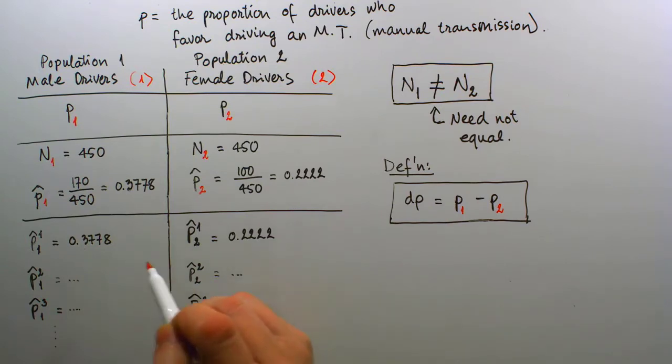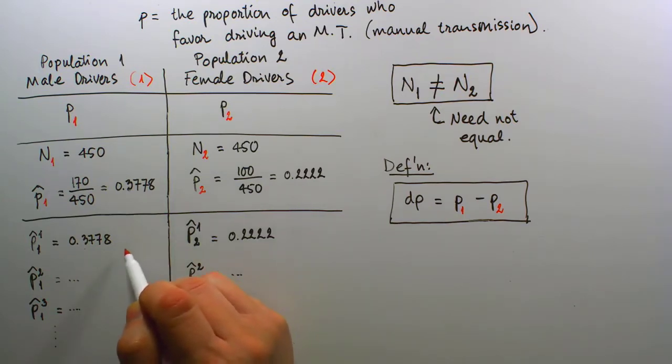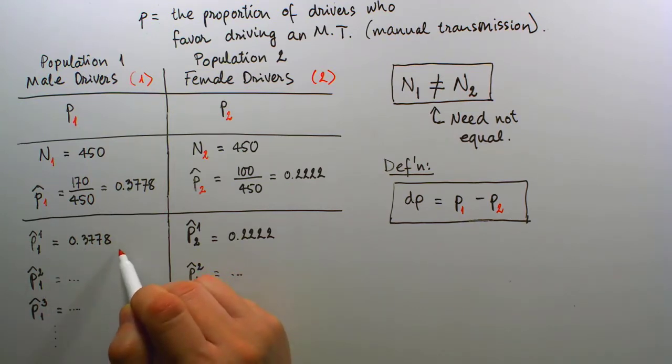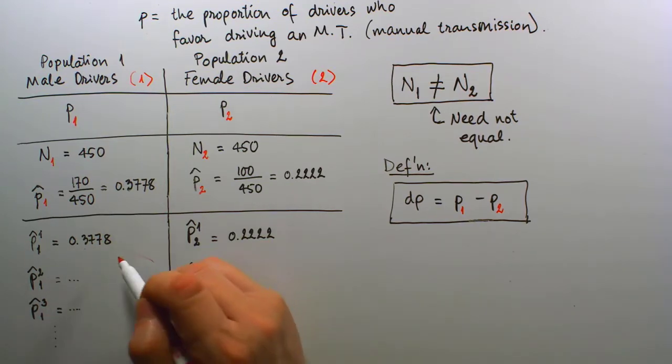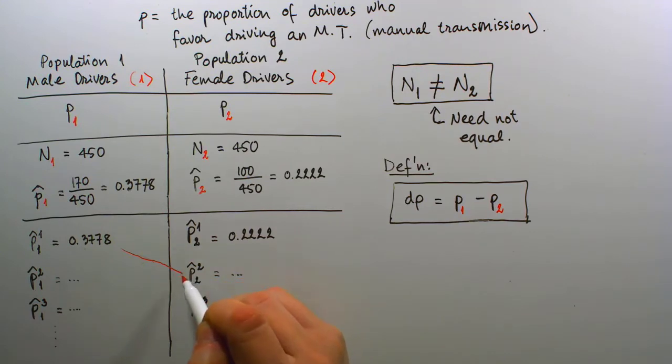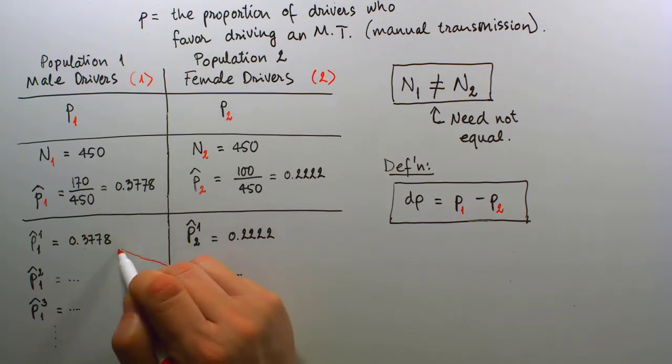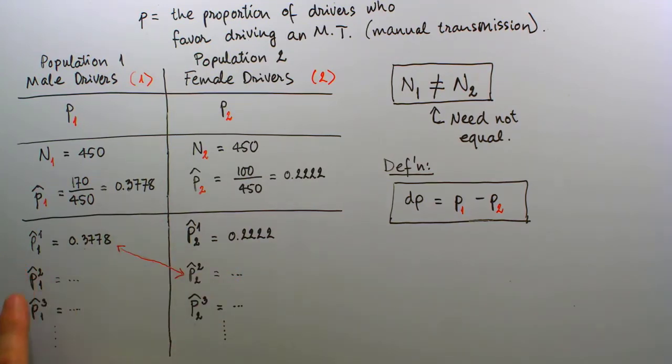I am going to draw a short line that connects my first sample from pH1 right here with the second sample from pH2, because now pH1 and pH2 are two different families of sample proportions, or two different sampling distributions of sample proportions.